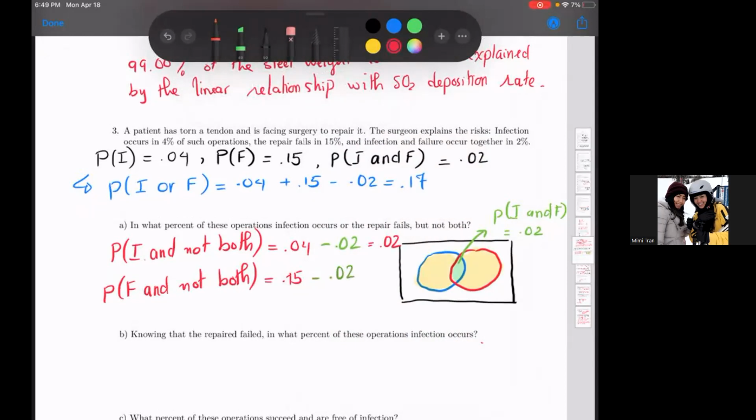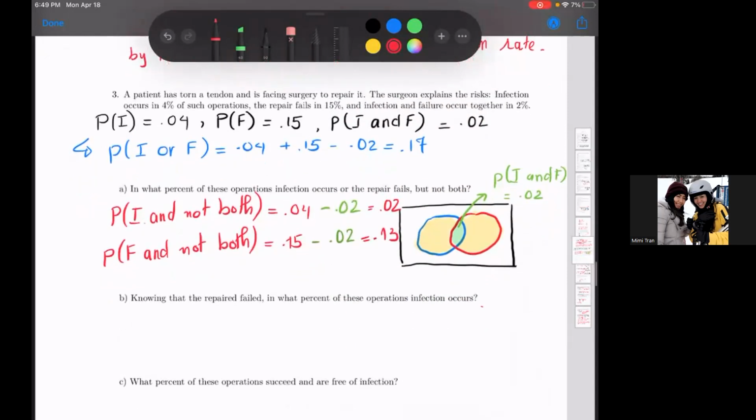Is equal to 0.13. And now you add them together. You add all, because that's your yellow part. That's your yellow area.